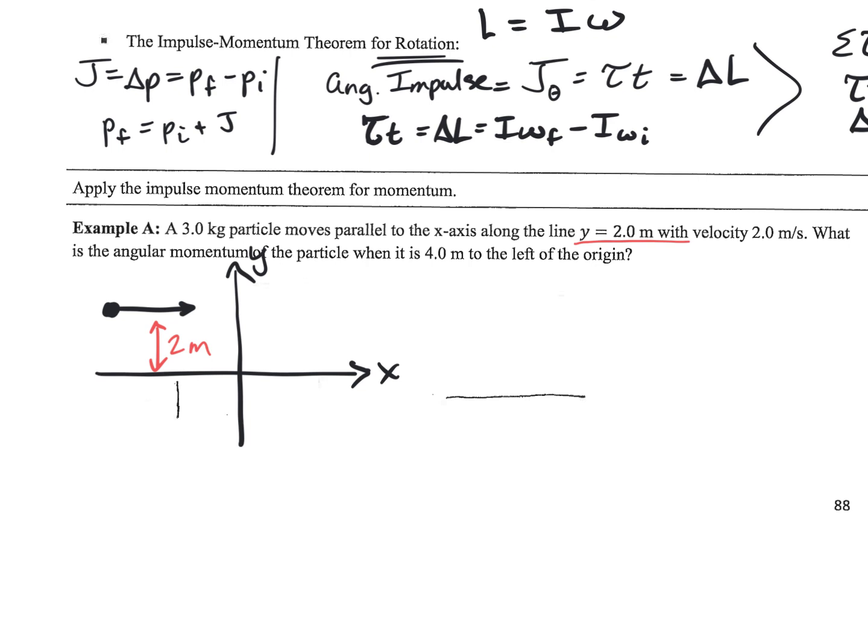Guys, I need you to understand something. Do you see this when it is 4 meters to the left? That doesn't matter. The angular momentum for that particle is exactly the same along every part of this line that is parallel to this guy from the origin. If we're talking about the angular momentum about the origin, it doesn't matter. The angular momentum here, here, here, here, it's all the same.